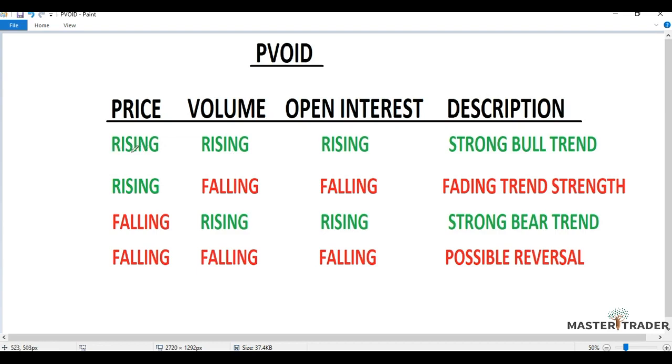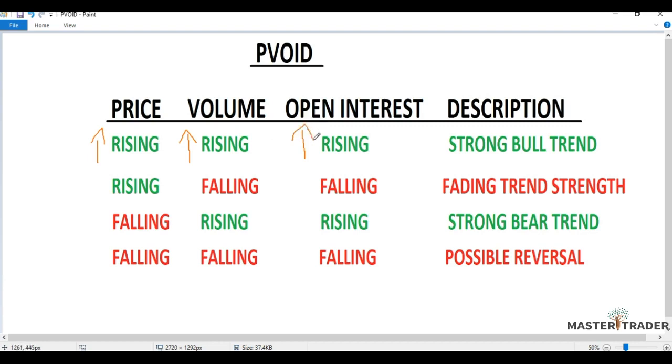So if price is rising, let's say price is going up, and along with price, volume is also going up, and along with volume, our open interest is also rising.